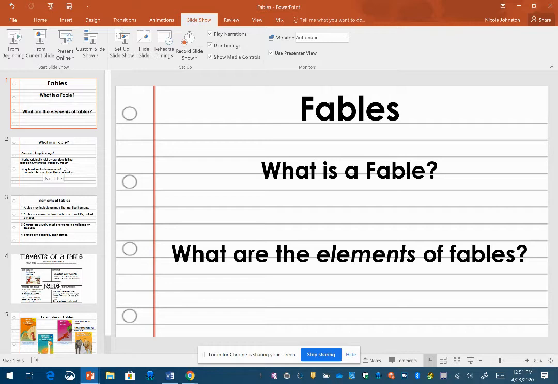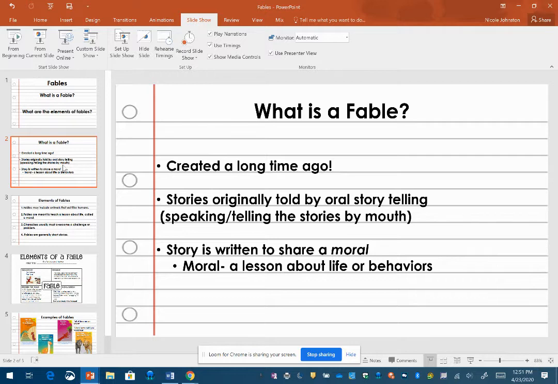So we're going to go ahead and get started moving through the PowerPoint. The first question we're going to dive right in is, what is a fable? I'm not going to just read off the slide, but I'm going to summarize what that says. These fables were from a very long time ago. They started a very long time ago, and they were passed along from generation to generation through word of mouth.